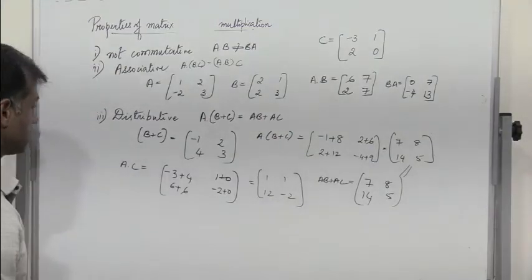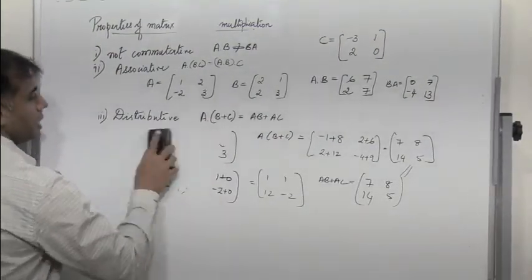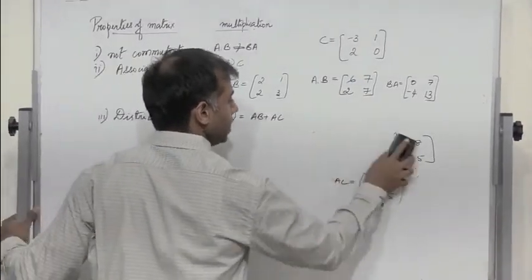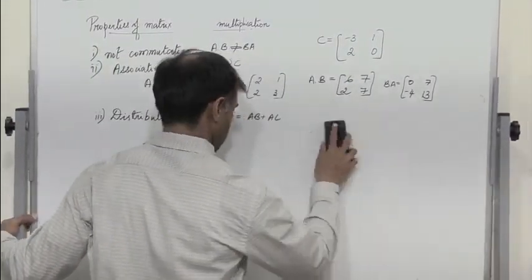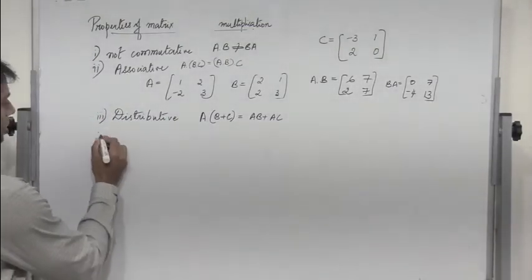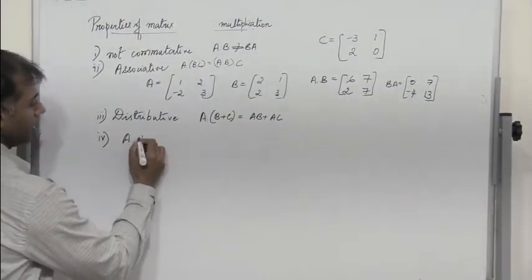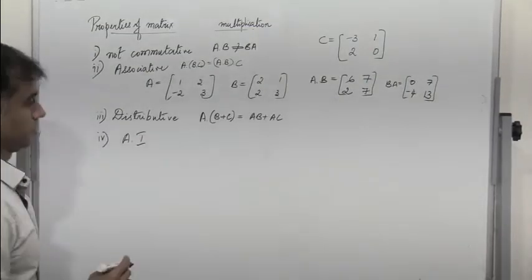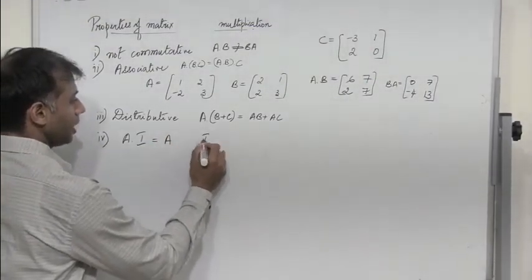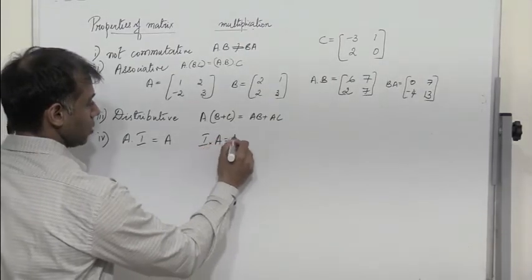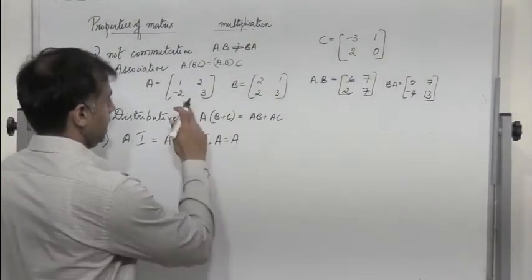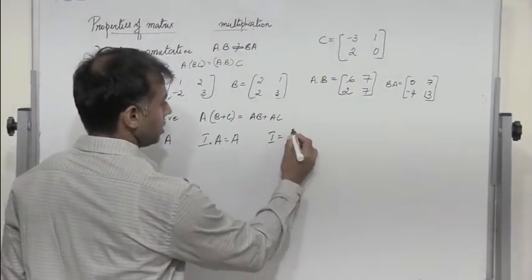The next one, let us consider multiplication of a given matrix with the identity or unit matrix. So what does that state? If I have a matrix A, and if I multiply it with the identity matrix, it is equal to A. Or if I multiply identity matrix with A, it is also equal to A. So let me consider A and let me consider identity matrix.